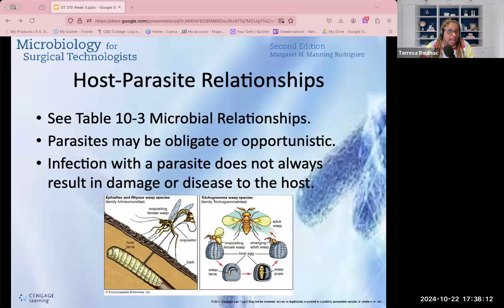Some parasites can actually coexist with their host without causing any type of harm at all, leading to a state of commensalism, where one organism benefits while the other is neither helped nor harmed. You look at table 10.3 in the book, and it gives an overview of the microbial relationships, including examples of different types of parasites and their infections with their hosts.